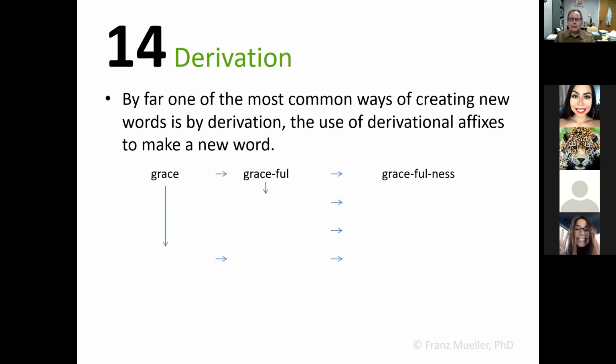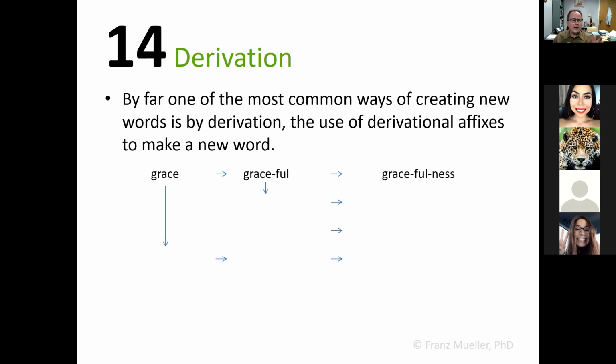And from that word graceful, you could add the ending ness to make the word gracefulness. And that now is a noun. You can talk about the gracefulness of the dancers in that particular performance. Where you started off with one word, grace, you now have three. And we actually reuse all of these endings, all of these suffixes and prefixes to make many different words.